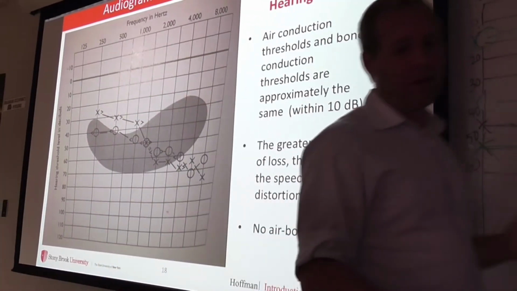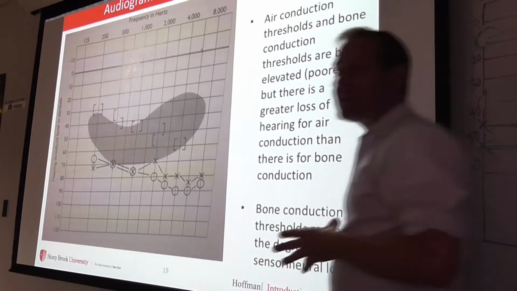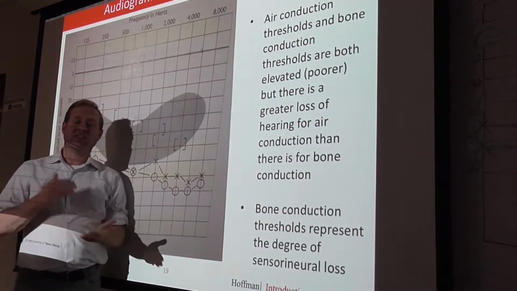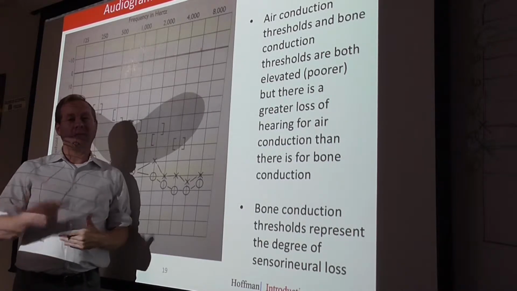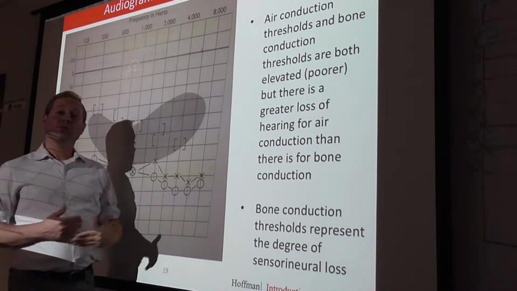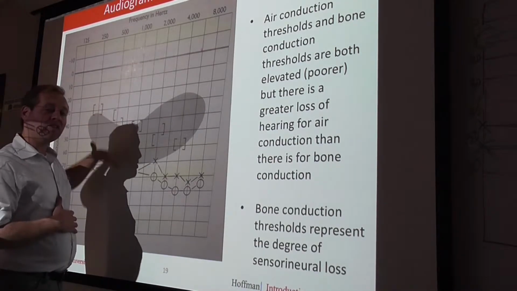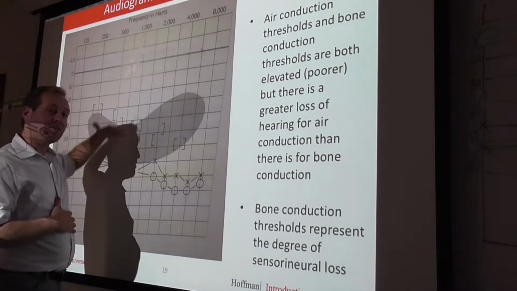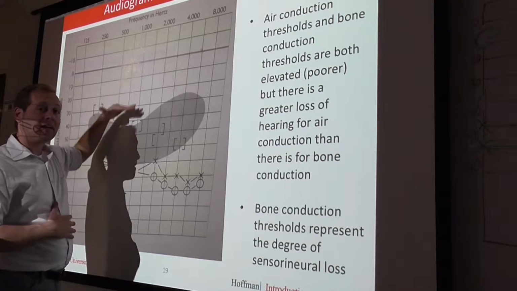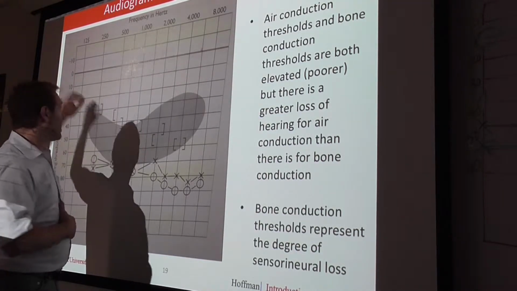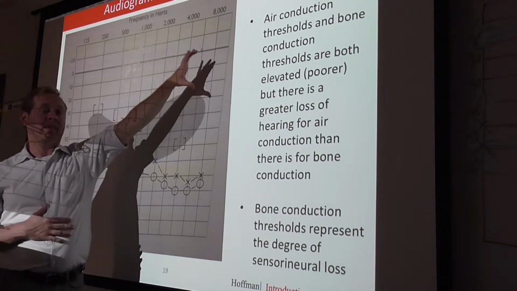Our third type of hearing loss that we've discussed is a mixed hearing loss. Mixed hearing loss suggests that there's a sensory neural loss, and on top of that, a conductive loss. So in order for there to be a sensory neural loss, your bone conduction line has to be in the disordered range, and your air conduction line has to be in the disordered range. Okay? So nothing is in the normal range.